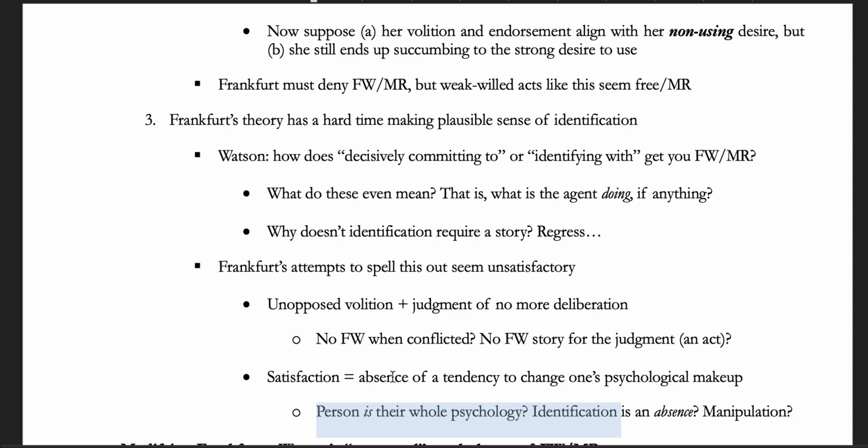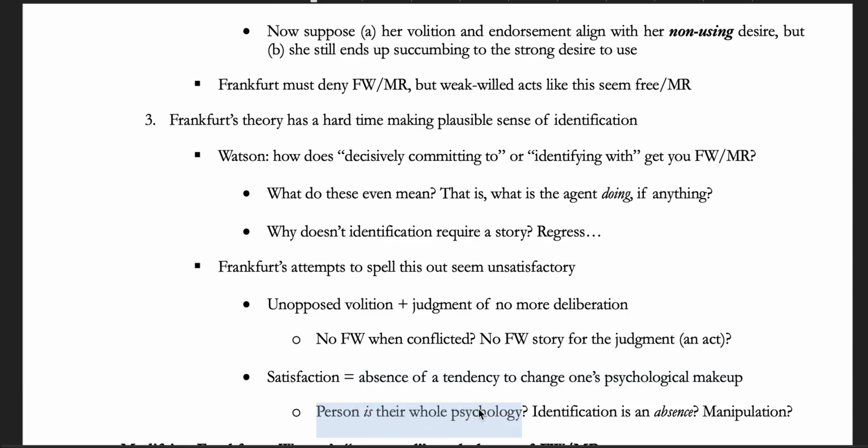If what it means to endorse a desire, or have the desire represent your true self, is just that you don't have any inclination to change your psychology, there's just a lack of any desire to change yourself, well, it seems then that you're just identified with your entire psychological makeup.